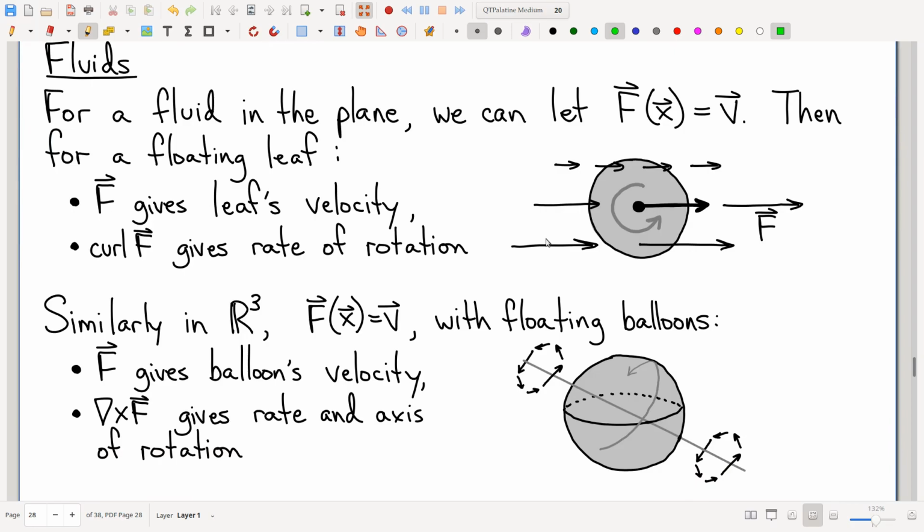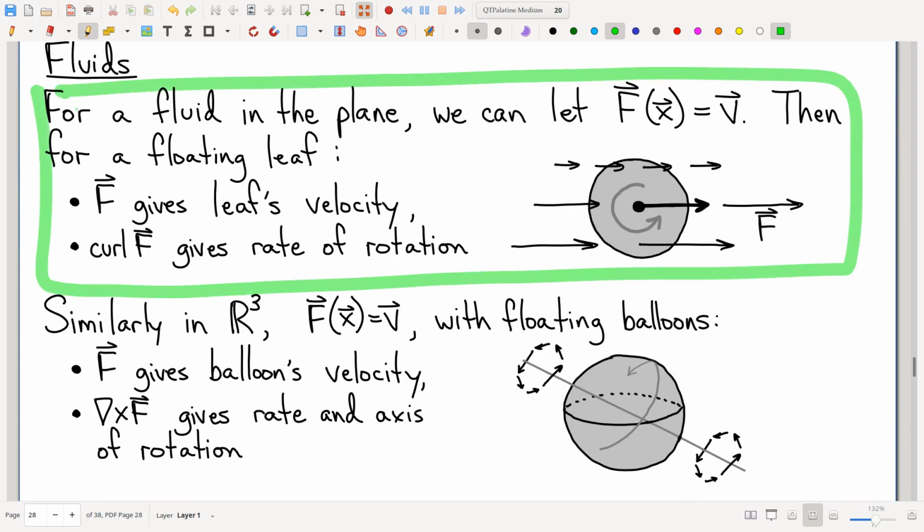So we've talked about this two-dimensional version of this story, and that is that the two-dimensional thing called curl is a way of getting your hands on the idea of to what extent does the motion of the fluid, right, if you're looking at a fluid F, to what extent does that motion of the fluid make some little floating object, in this case I'm looking at a leaf, to what extent does it make the floating object turn as it flows downstream?